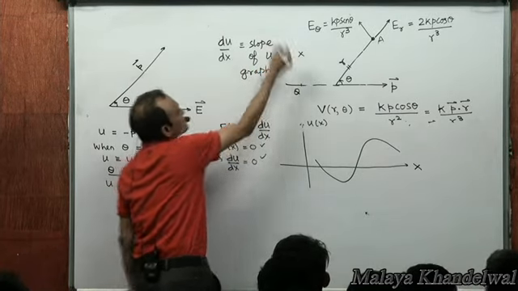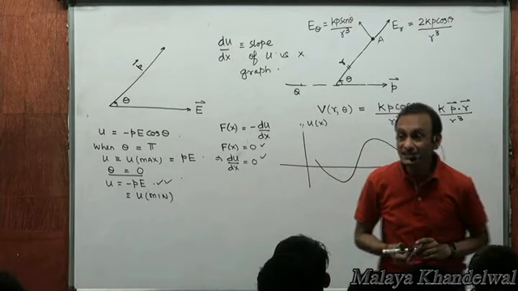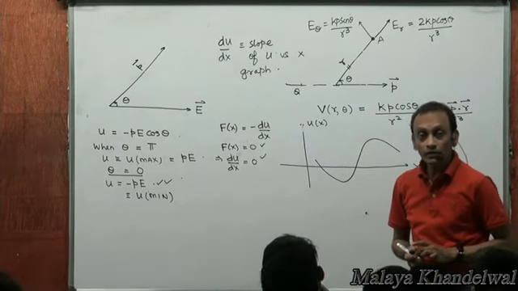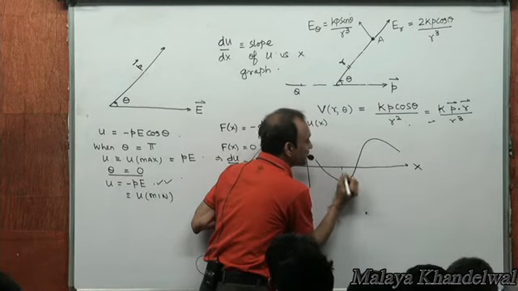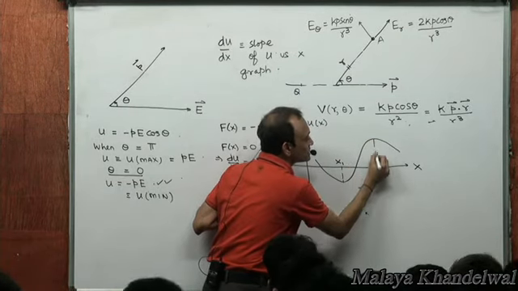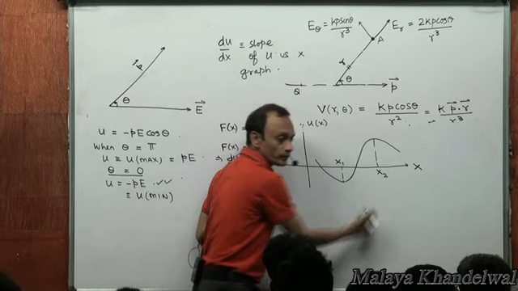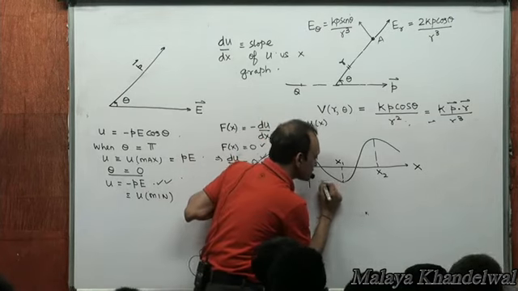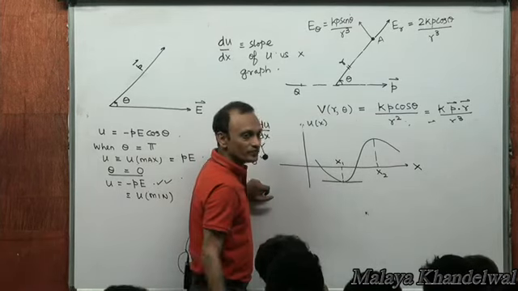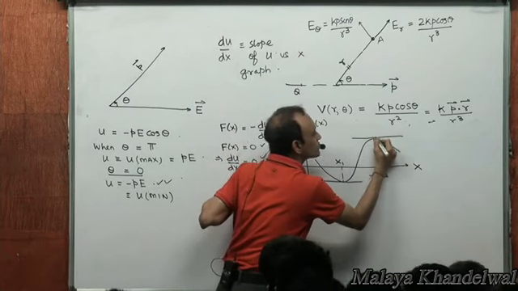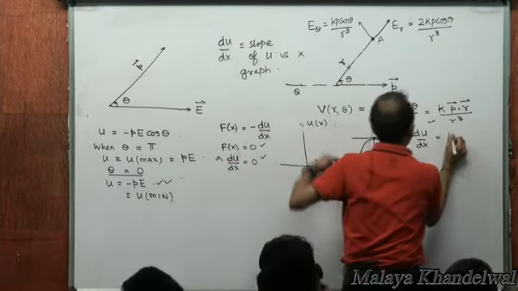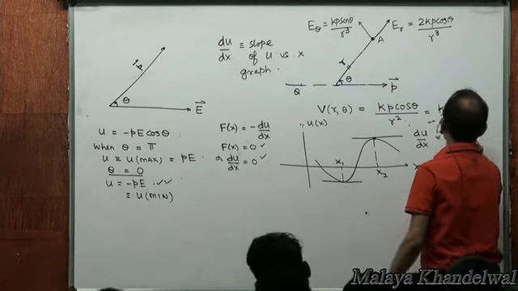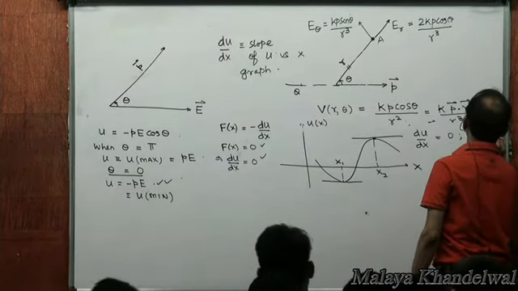So, say at x equal to x1 and at x equal to x2, do you realize the slope at x1 is 0? Slope at x2 is also 0. Du dx is 0 at x equal to x2.